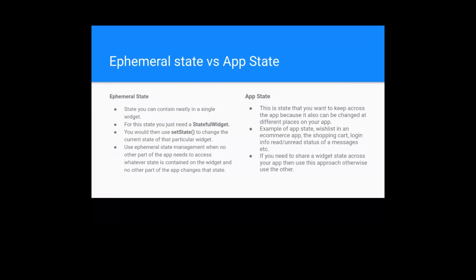Now, when you're talking about app state, for example, you have an e-commerce app. Things like a wish list or the shopping cart, or maybe messages, even on WhatsApp. If you switch your screen maybe to status, you still find that the messages, the chats counter, is still there.